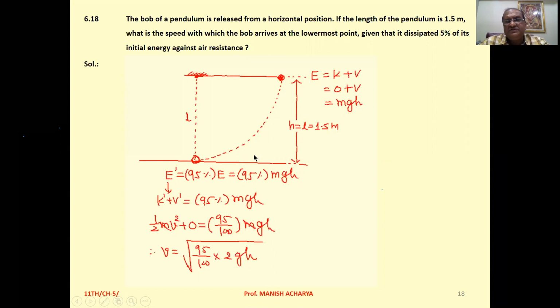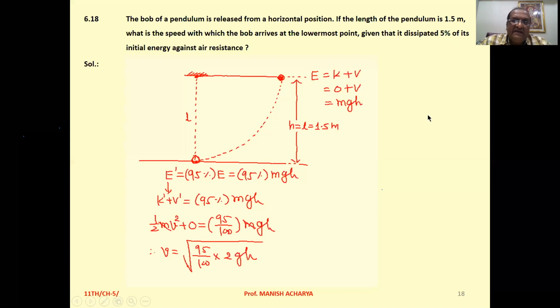Now it is released. So when it reaches the lowermost position, at that time 5% of total energy is dissipated.